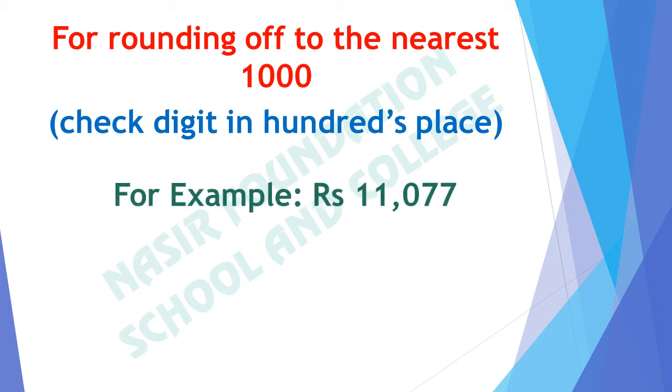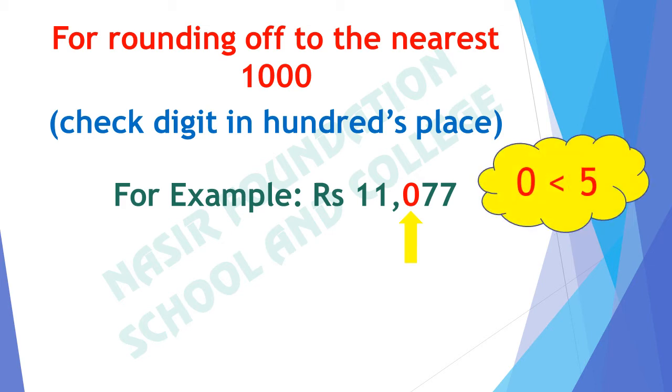For example, we have the amount 11,077 rupees. We want to round off this number to the nearest 1000. We will consider the digit in hundreds place. And the digit in hundreds place is 0.